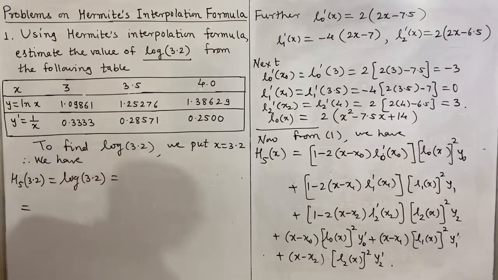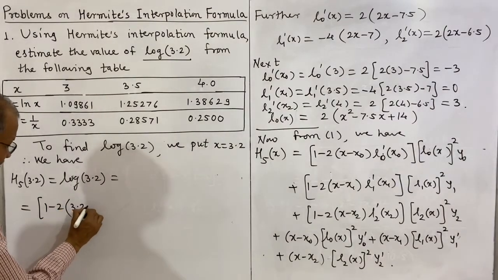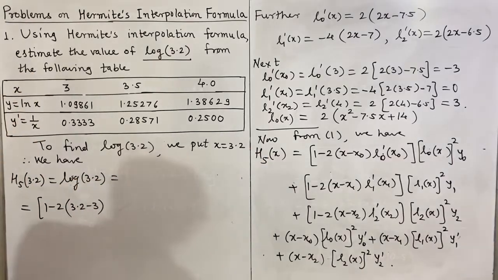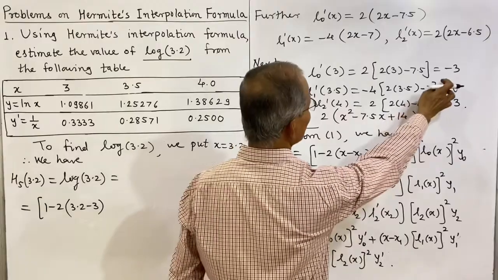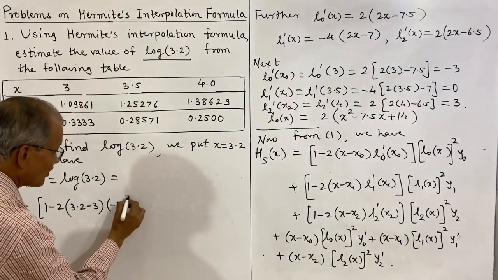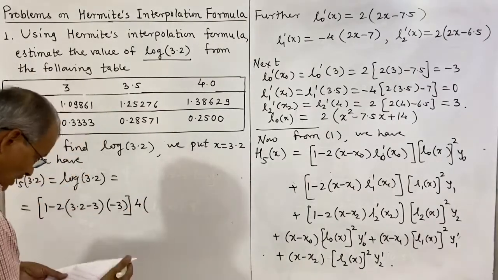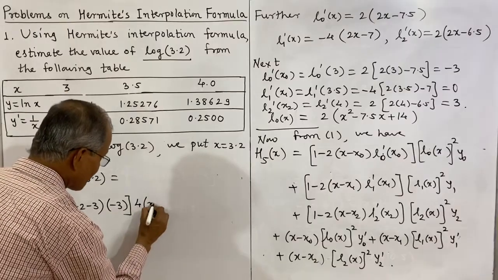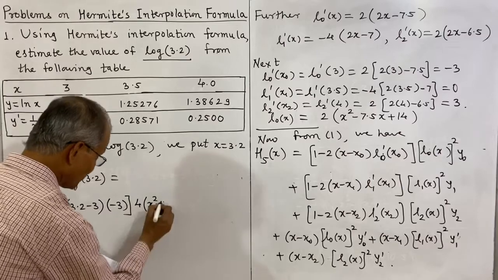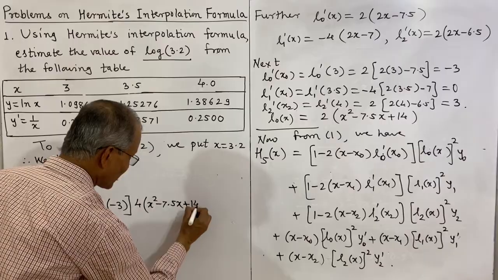This is equal to 1 minus 2 (3.2 minus 3), where x naught is 3, L naught dash at x naught is minus 3, and L naught(x) whole square, which is 4 into (x square minus 7.5x plus 14) whole square.